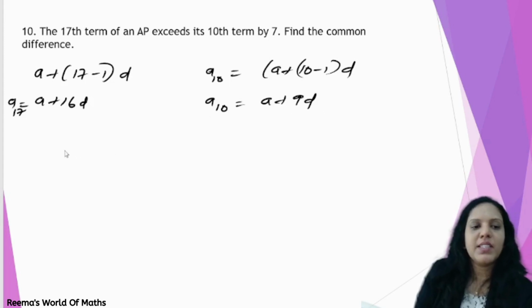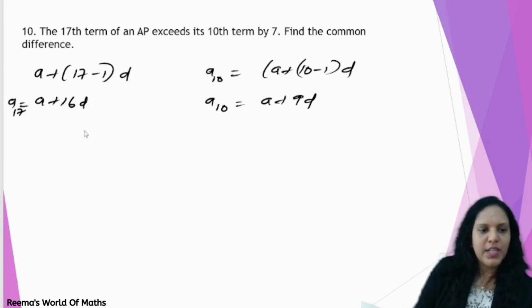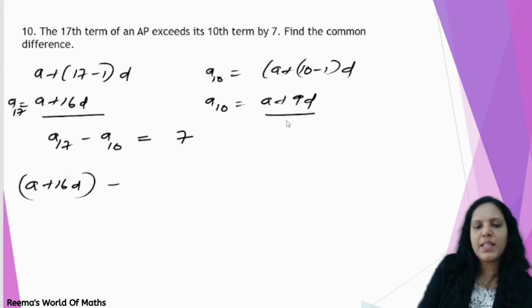And here they are telling us the 17th term of an AP exceeds its 10th term by 7. So the difference between these two terms is 7. So that is A17 minus A10 equals 7. Correct? So A17 is A plus 16D, and A10 we have as A plus 9D.